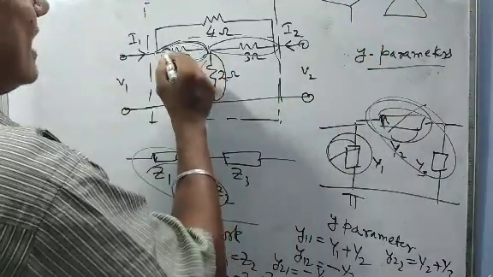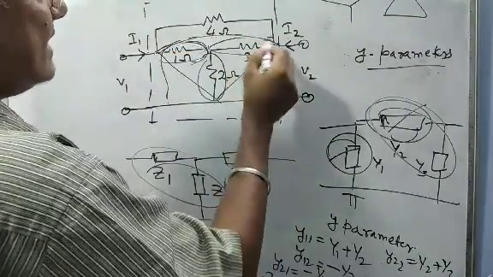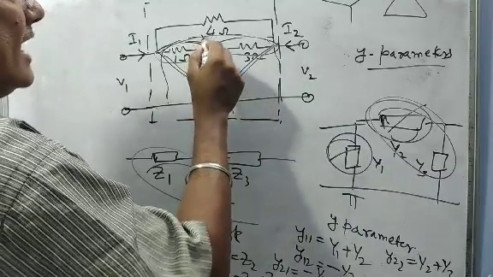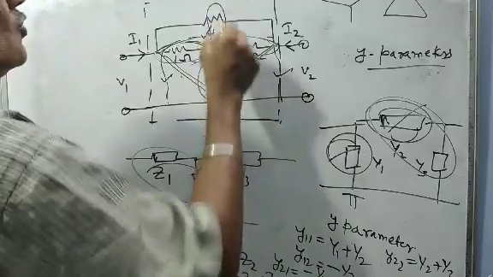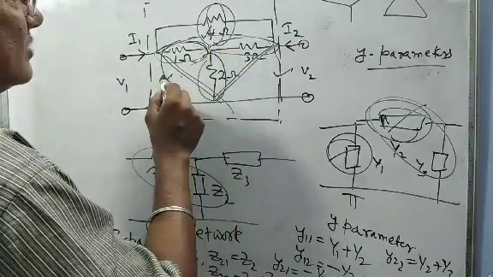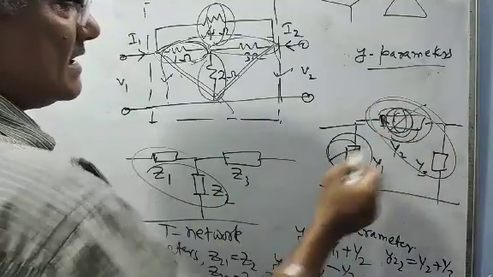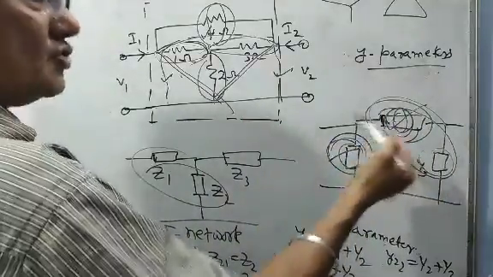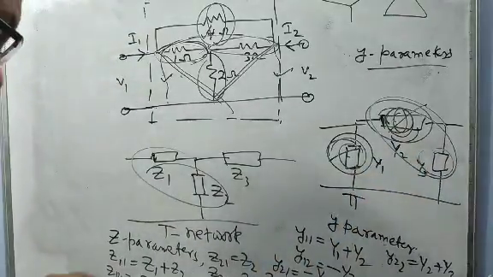So that's what I am asking: this is a T, you convert it into delta. Once you get these values, these two become parallel, and this one remains and this one remains. You invert all of those individually and add them, and you will be getting the Y parameters very quickly.